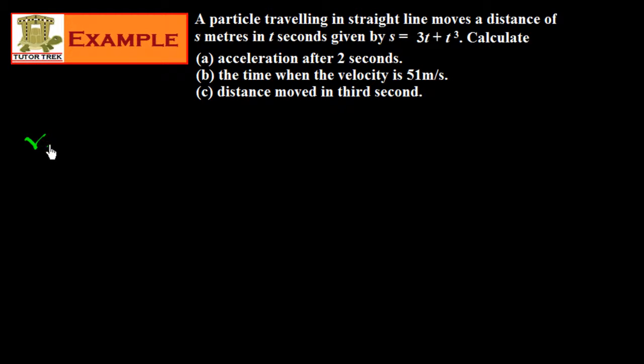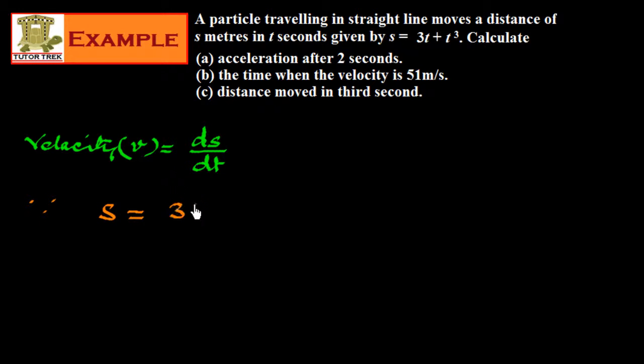You know that velocity v is equal to ds over dt. We know this thing. So here, because s is equal to 3t plus t cube, differentiating both the sides with respect to t.